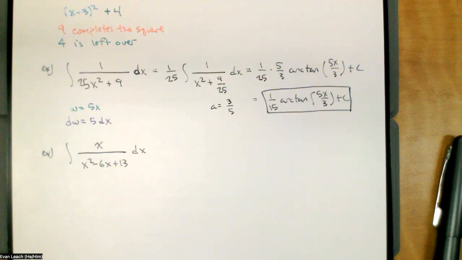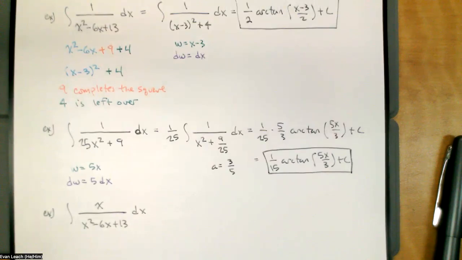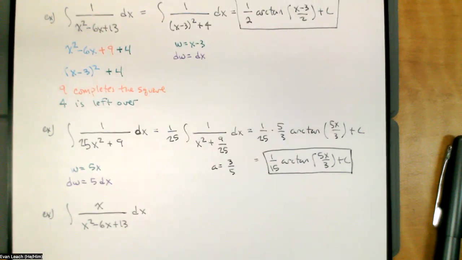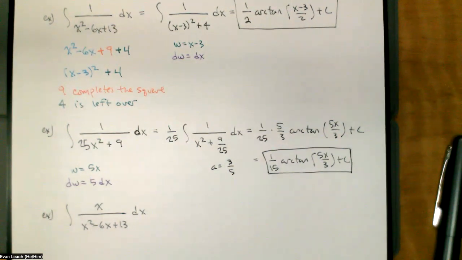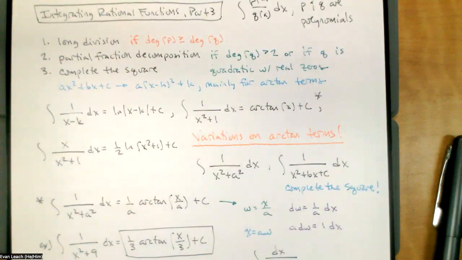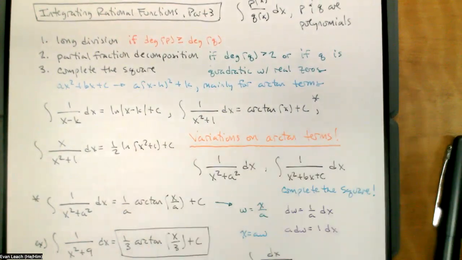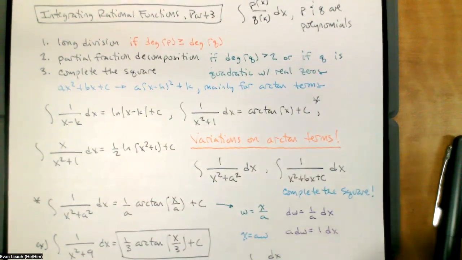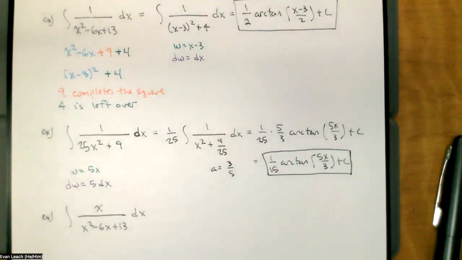We know what's going to happen to x squared minus 6x plus 13, because just 2 problems ago we completed the square, and that led to an arctangent. But that was degree 0 over this degree 2 with complex zeros. Now I've got degree 1 over degree 2 with complex zeros. And we saw on the previous page that degree 1 over degree 2 with complex zeros gave us natural logs. But we got the natural logs from substitution, and that same substitution is not going to fly here.